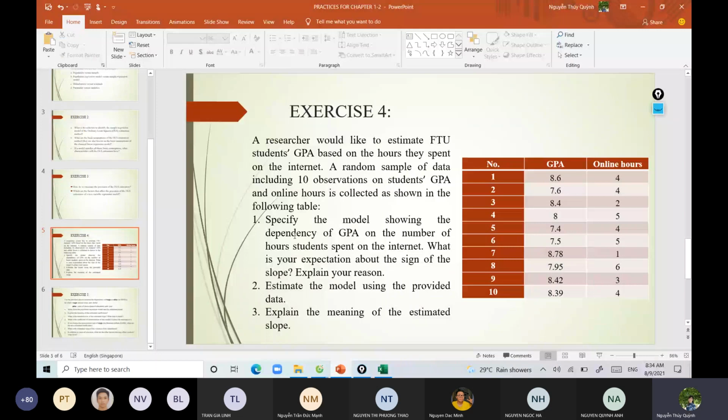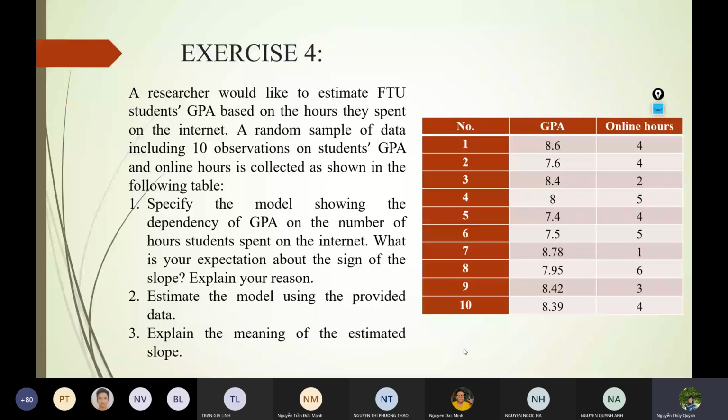A random sample of data, including 10 observations, is collected and shown in the table here. Okay, the first one: specify the model showing the dependence of GPA on the number of hours students spent on the internet, and what is your expectation about the sign of the slope, and explain your reason.